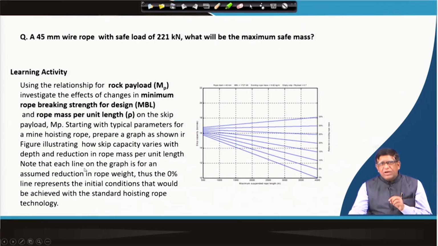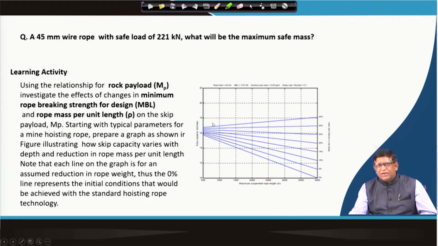Note that each line on the graph is for an assumed reduction in rope weight, thus the 0% line represents the initial condition that would be achieved with the standard hoisting rope technology.